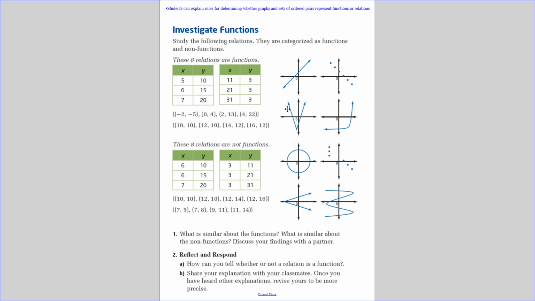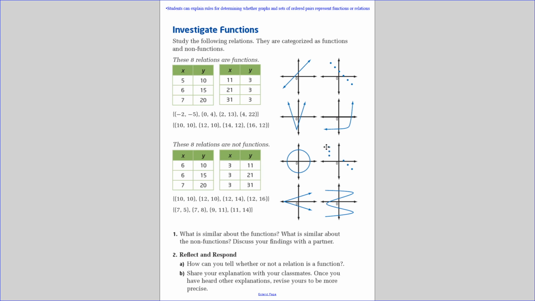If I look right here, for example, every single x value, if I go up and down to the y's, only has one possible y value. So even here, every single x value only has one associated y value. If I go over here, though, for this circle, x equal to 0 has two possible y values, the one in the positive and the one in the negative.